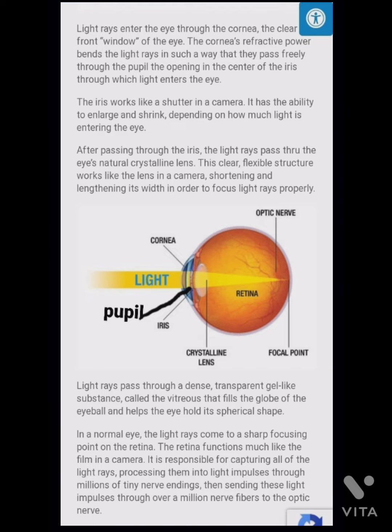Then the light falls on the retina, where the image is formed, like a film in a camera. The millions of nerves capture the images and transfer them to the optic nerve, and the optic nerve gives the images to our brain, which makes them visible to us and we are able to see things.